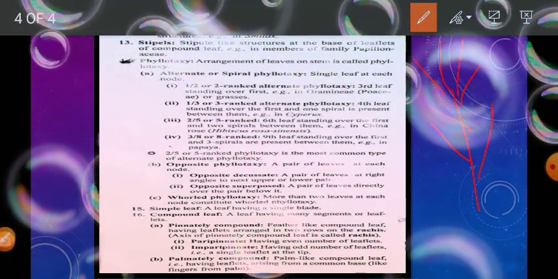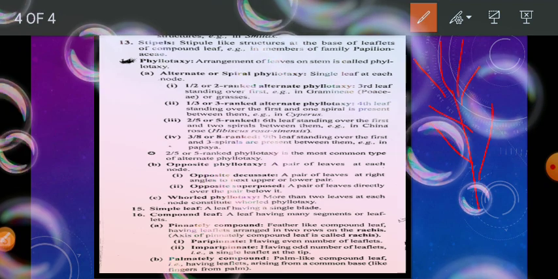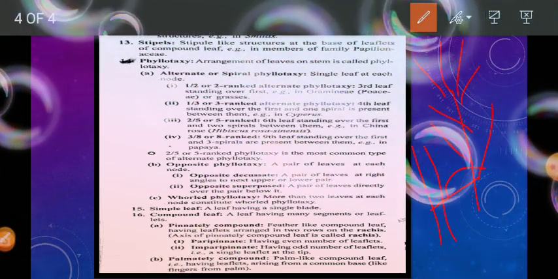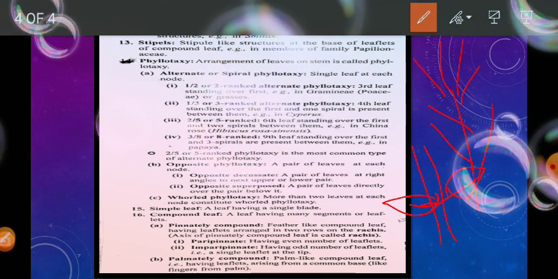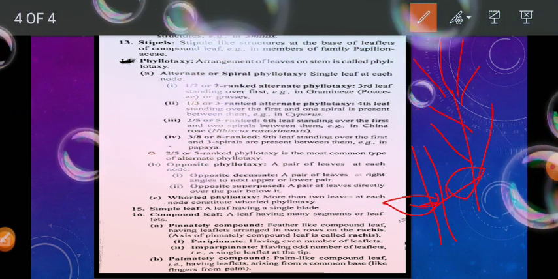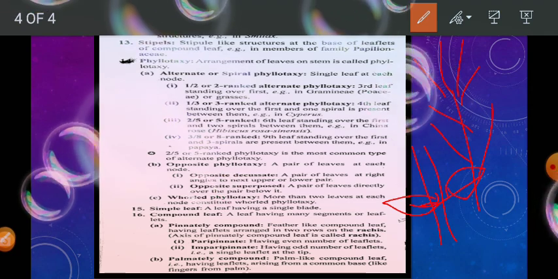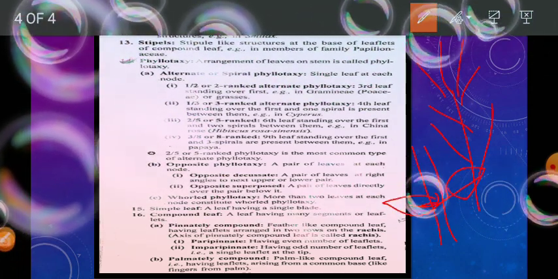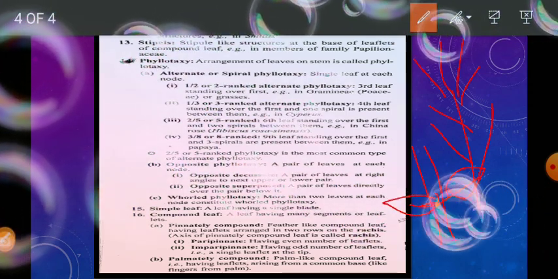In the opposite phyllotaxy, a pair of leaves arises at each node. It is of two types, opposite decussate and opposite superposed.